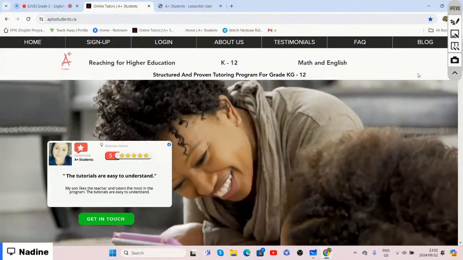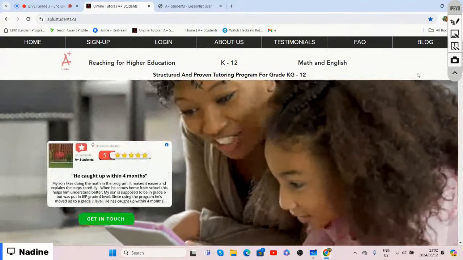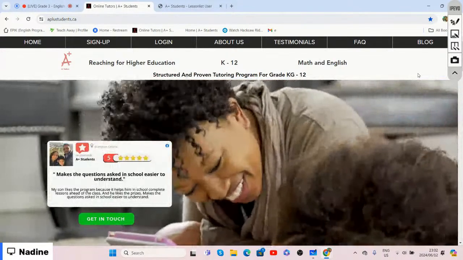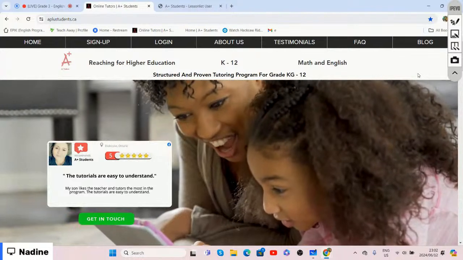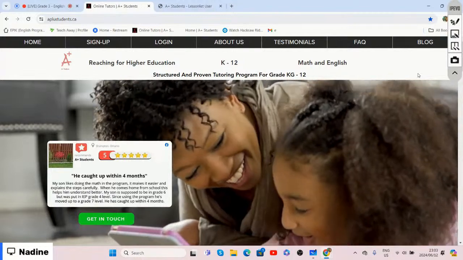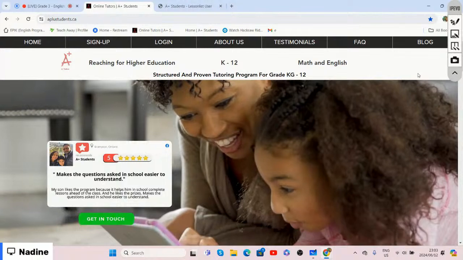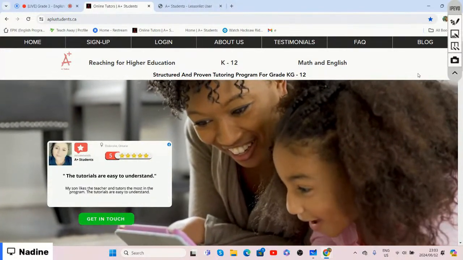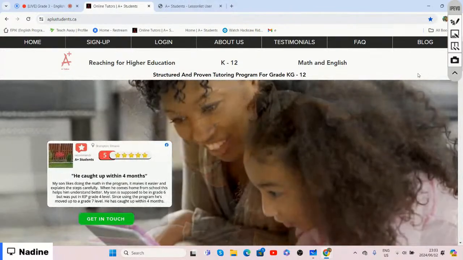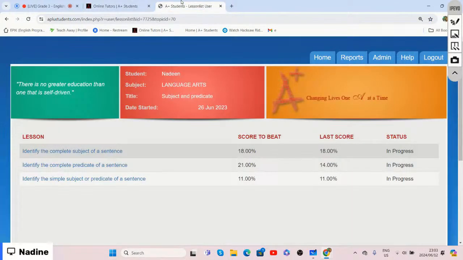Once you've logged on with our username as well as our password, we're going to select the subject of English language arts, grade 3. Then we scroll down until we get to the chapter of subject and predicate.